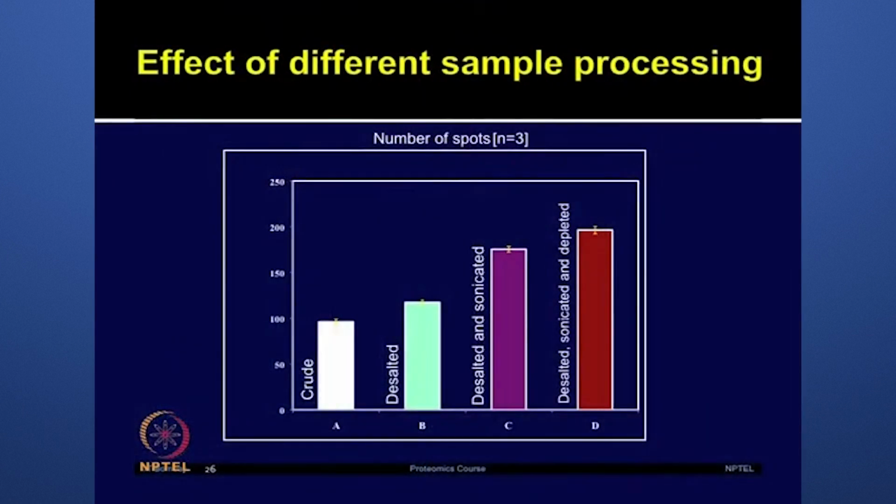So, these studies were performed on the small strips to standardize the procedure, but we are able to draw the conclusion based on the reproducible pattern obtained in these gels, and then we applied the desalted, sonicated and depleted conditions for processing all the samples.